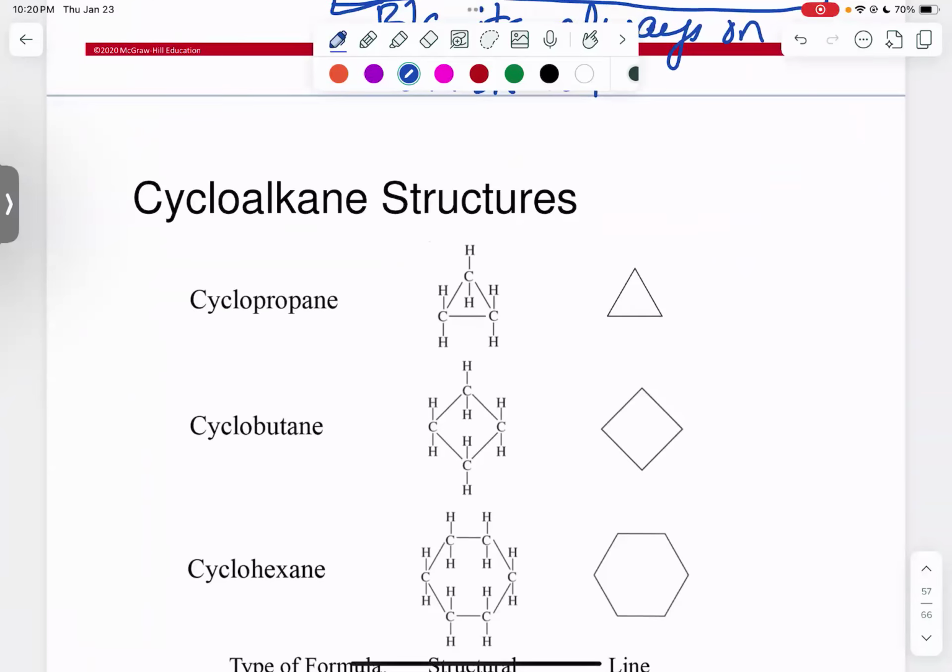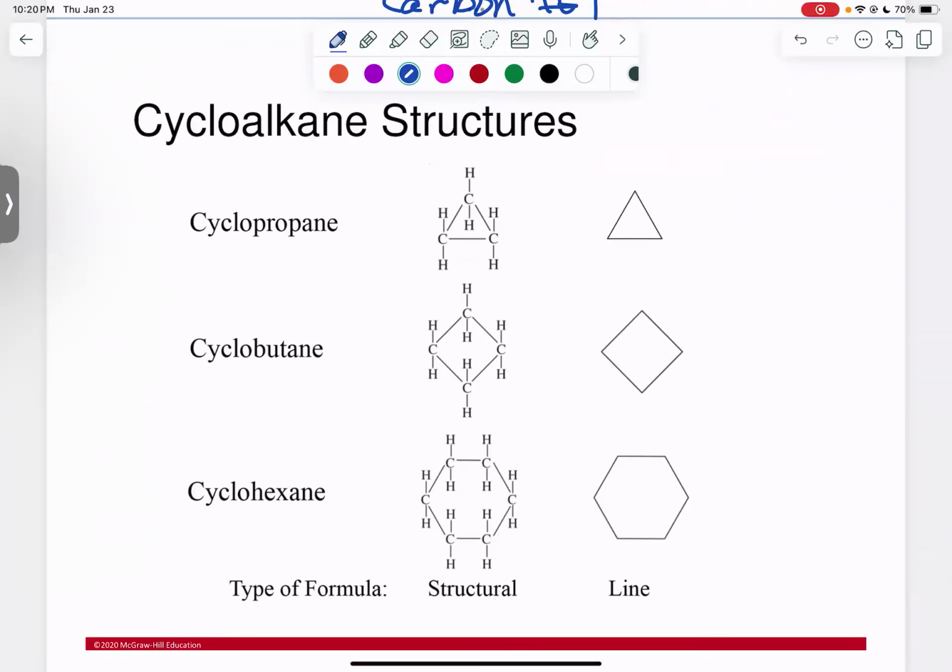So here's some examples of different cycloalkanes. We have both the Lewis structure and the line diagram so that you can see them. Let's say I put a substituent on cyclobutane, a methyl group. Where am I going to start my numbering?